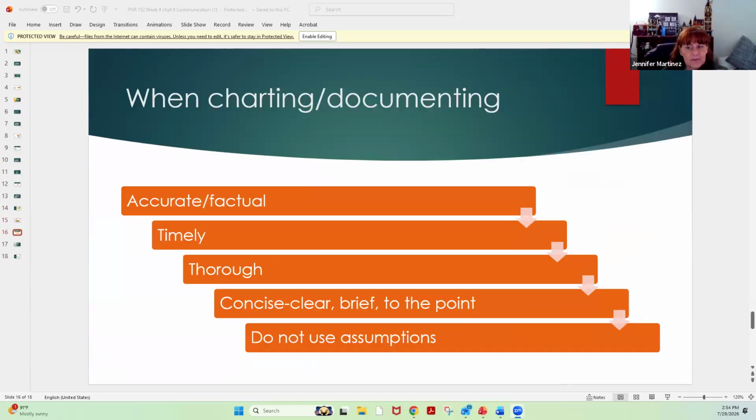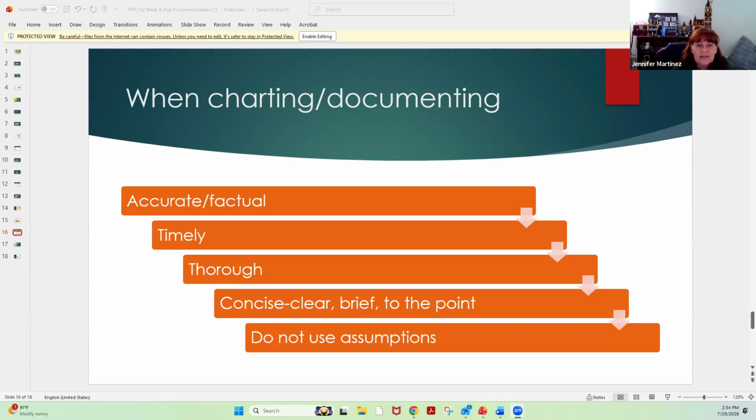And then we get into documentation. And everybody's heard, if it's not documented, it has not been done, right? So documentation. I did chart audits for a long time. When I first started nursing, everything was paper. It was all on paper.